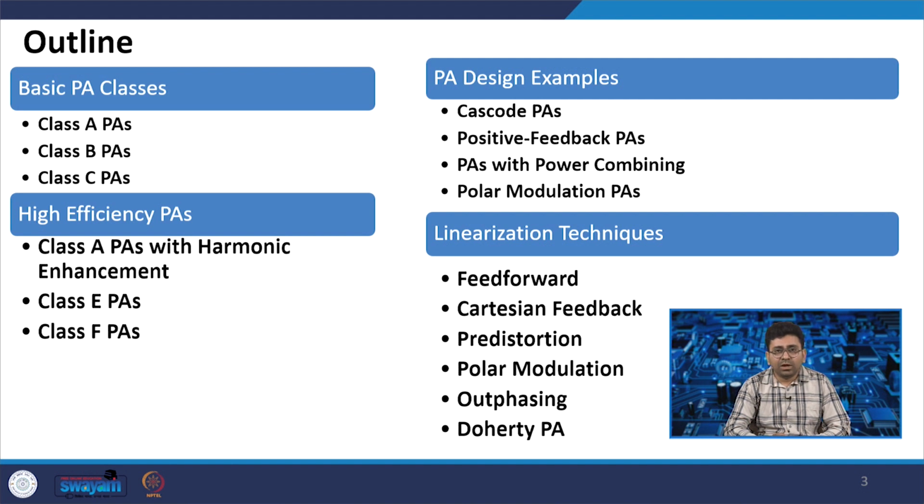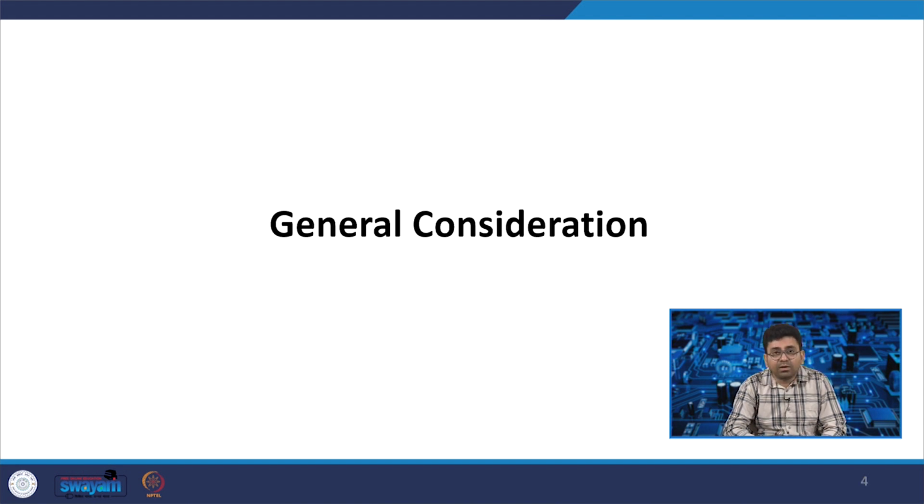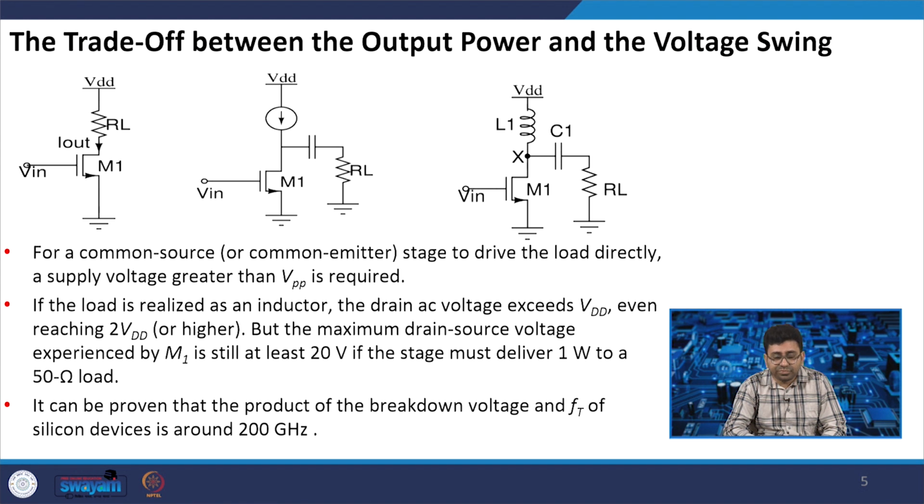Before going into the classes of the PA, some of the issues while designing an on-chip power amplifier that we will discuss. The first general consideration is that there is a trade-off between the output power and the voltage swing.